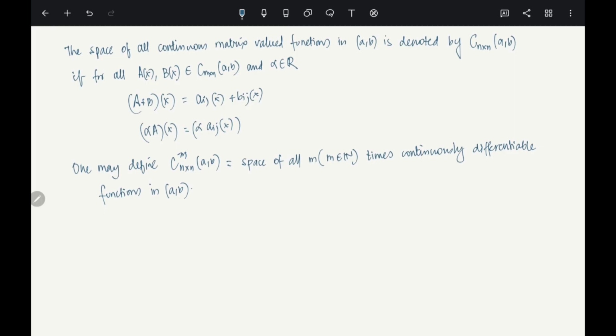So is this clear? I think this is okay. Matrix valued functions, of course, matrix valued. I forgot to write matrix valued. Okay, let me put it this way.